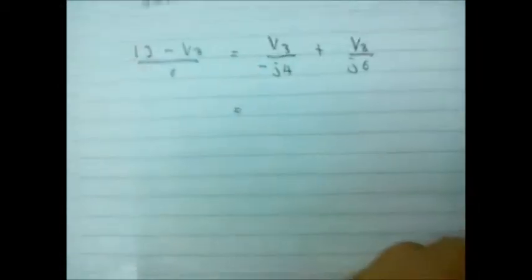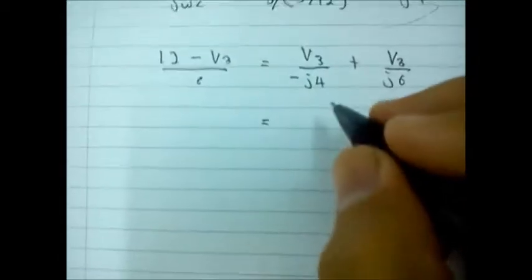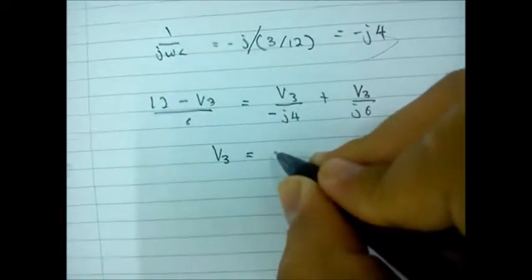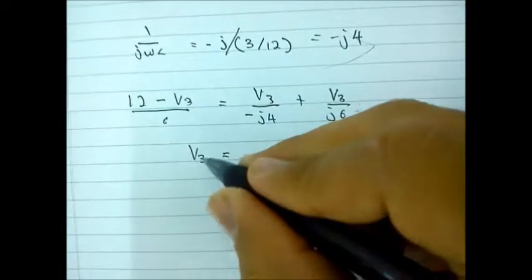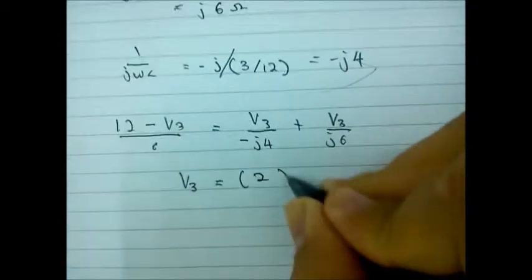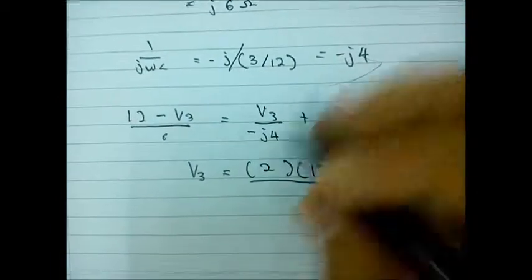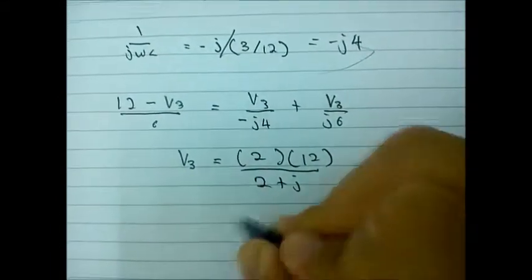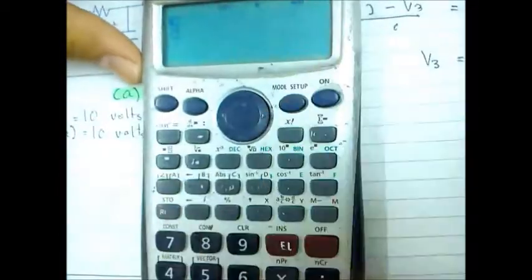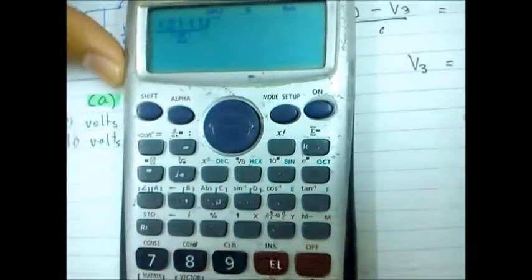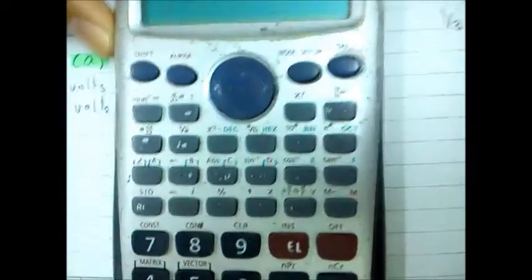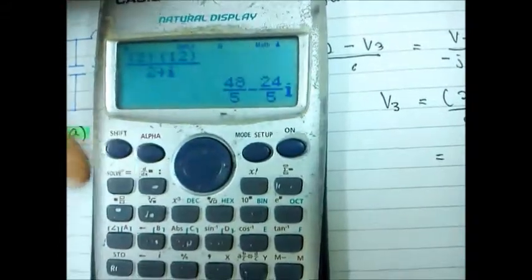By arranging this equation with V3 as the unknown, we get 2 times 12 over 2 plus j, and use the same calculation as earlier: 2 times 12 over 2 plus j, and change to the phase angle.